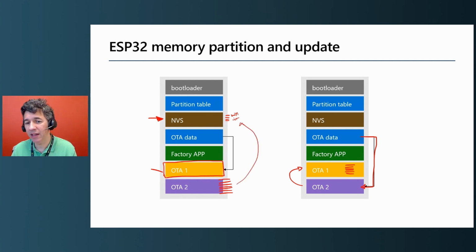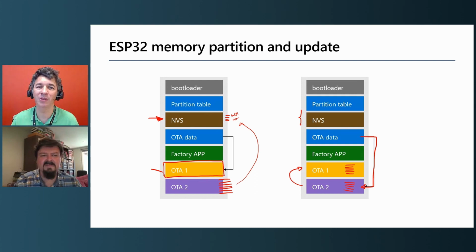That means we can have updates as much as we want on the banks OTA 1 and 2, and these credentials living here won't be erased. All right. And with that, let's move over to Ewerton so we can take a look at the process and how the libraries that we have will help you do this update.